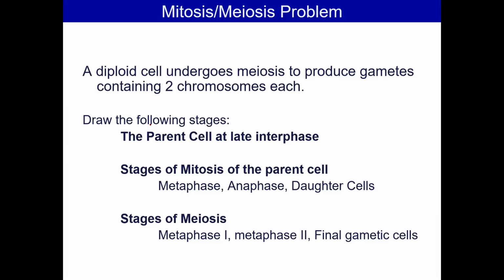So read that question. You're producing gametes with 2 chromosomes each. So what does that mean? It means the N number is 2. So how many chromosomes are we talking about originally? Well, we want 2N, and 2N equals 4. So make sure you can count that correctly.